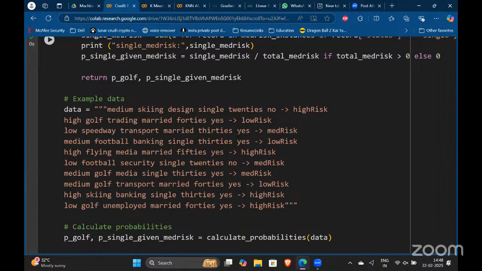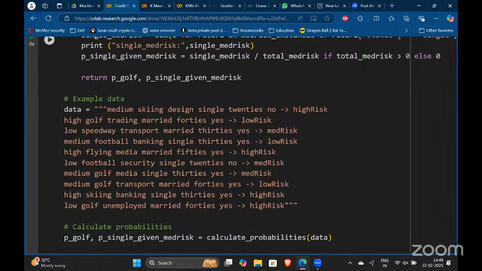So, guys, hello. Can you hear me? Yep. So, just have a look at the data. We were asked what is the unconditional probability of playing golf. We have 10 members' data over here. We have golf in here, first, second, third, and fourth. Out of 10 persons, we have 4 persons who are playing golf.